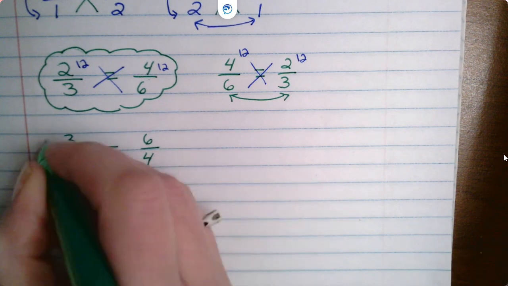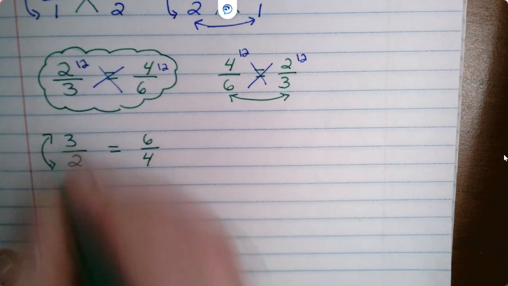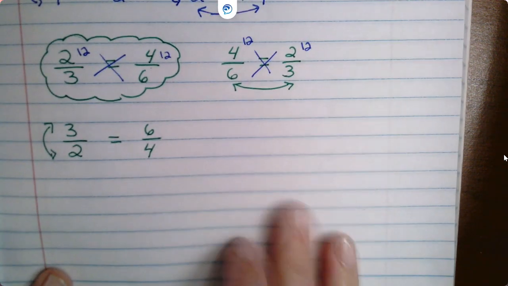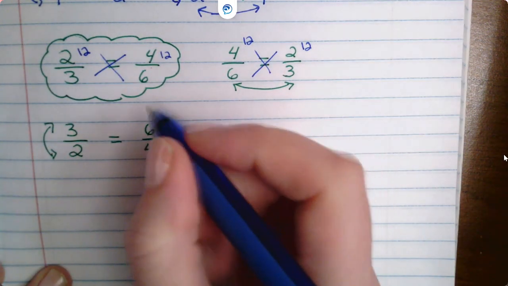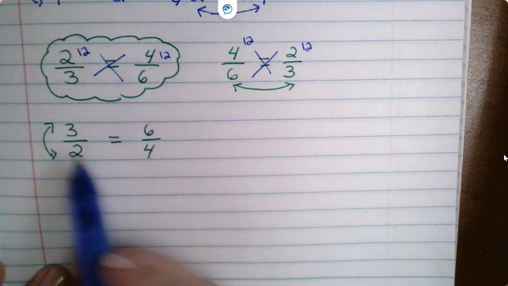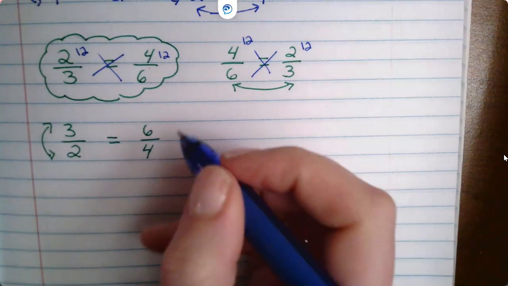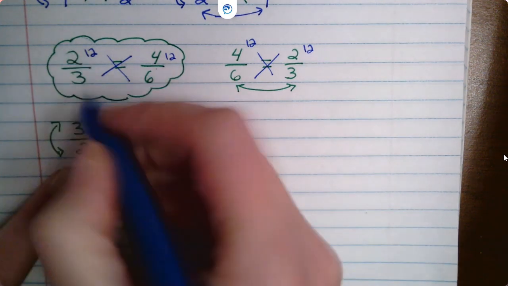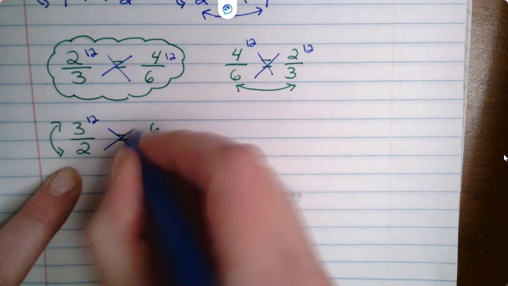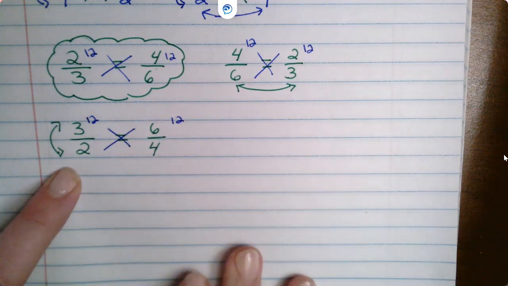And all I've done is flipped my numerators and denominators. Notice they were both proper fractions here, they were both improper fractions here. All right, cross multiply to check my work. 4 times 3, 12, 2 times 6, 12.